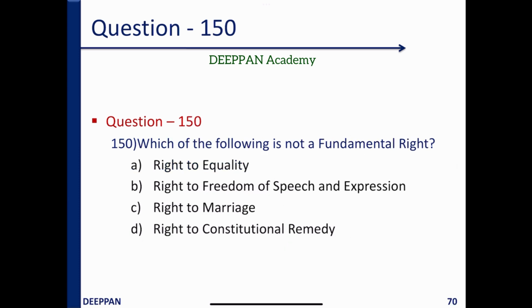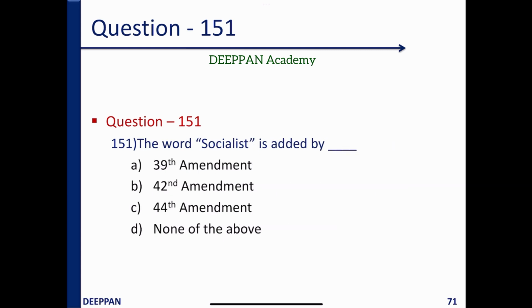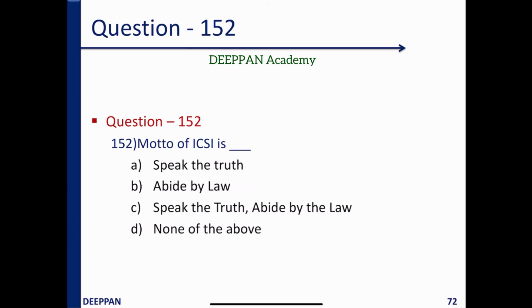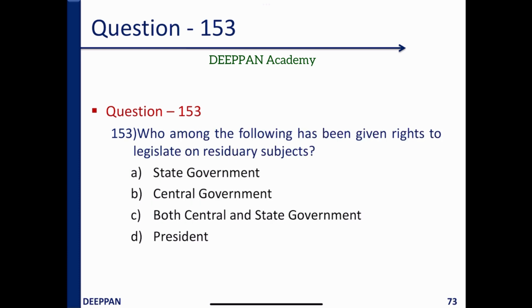The vision of socio-economic justice change through the Constitution is reflected in its preamble. Which of the following is not a fundamental right? Right to marriage. The word socialist is added by 42nd Amendment. Motto of ICSI is speak the truth, abide by the law. Who among the following has been given rights to legislate on residuary subjects?